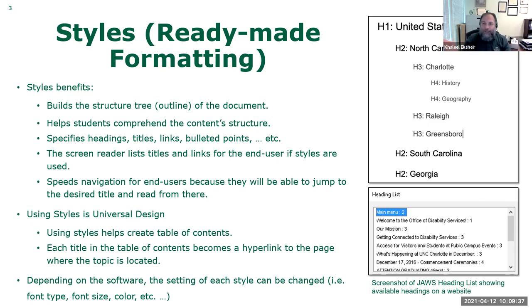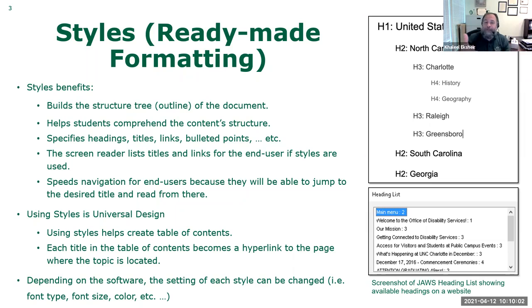If you look at the second screenshot below, this is a heading list of our website. Let's assume the website has 100 pages. A blind user will not be able to read them line by line, so you want to provide them with a way to speed up navigation.